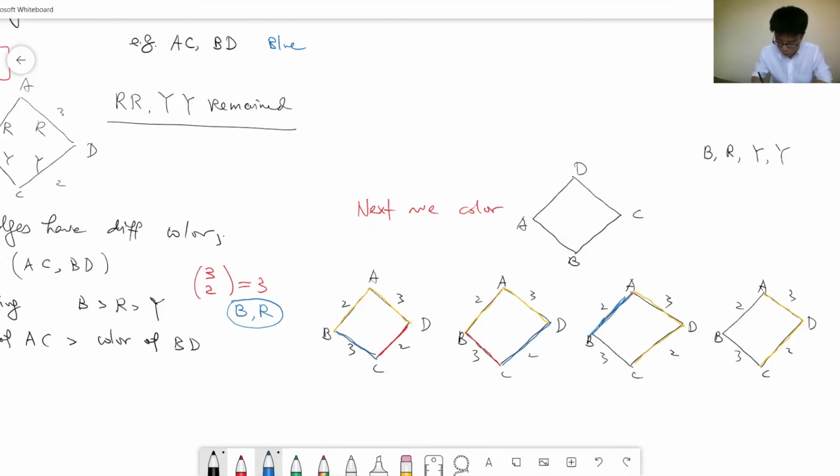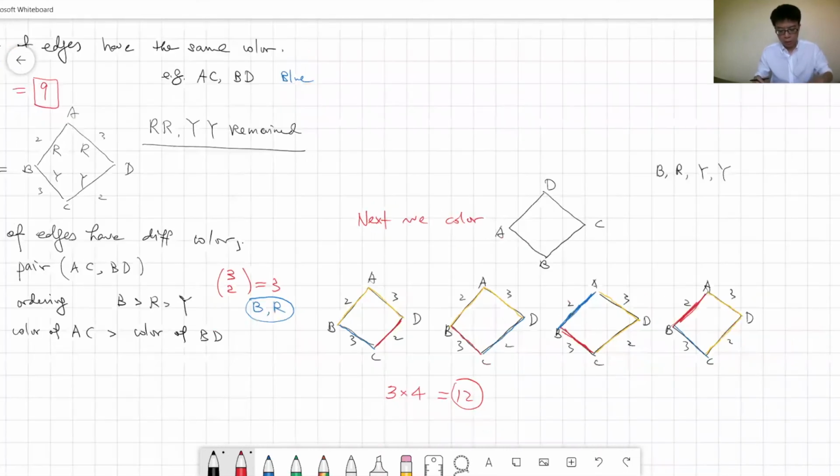Suppose this is blue, and this is yellow, this is red. And also maybe this is blue, and this is red. So we have four ways to color these edges. So totally we have 3 times 4, which is 12. So there are 12 ways to color the edges such that there's no pair of same color edges.